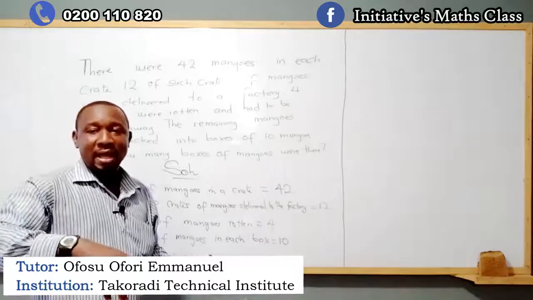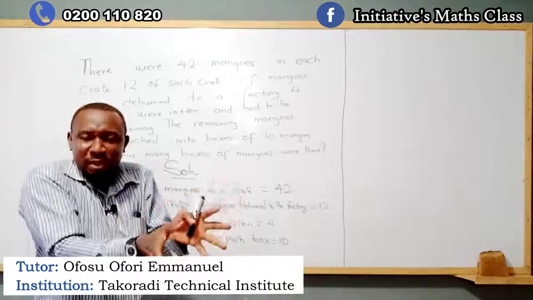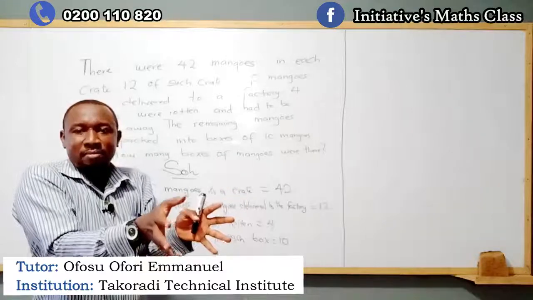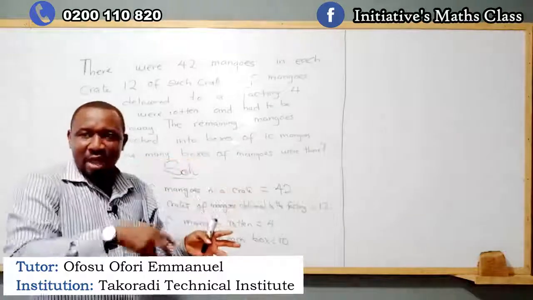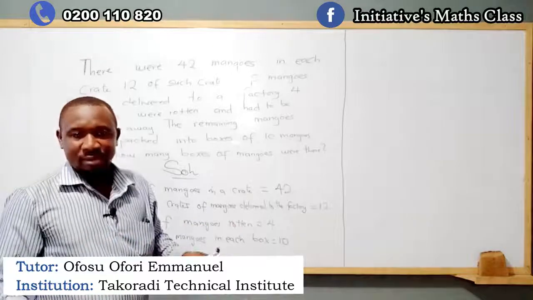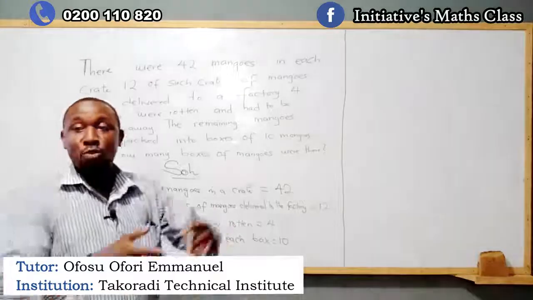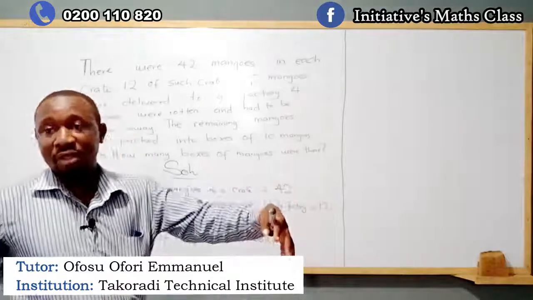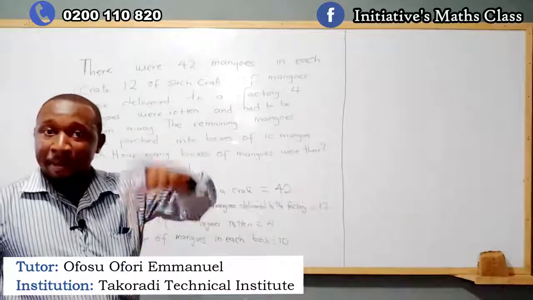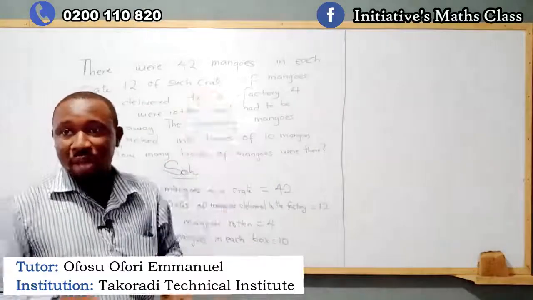So you multiply the number of mangoes with each person by the number of people in question. That will give you the total mangoes.